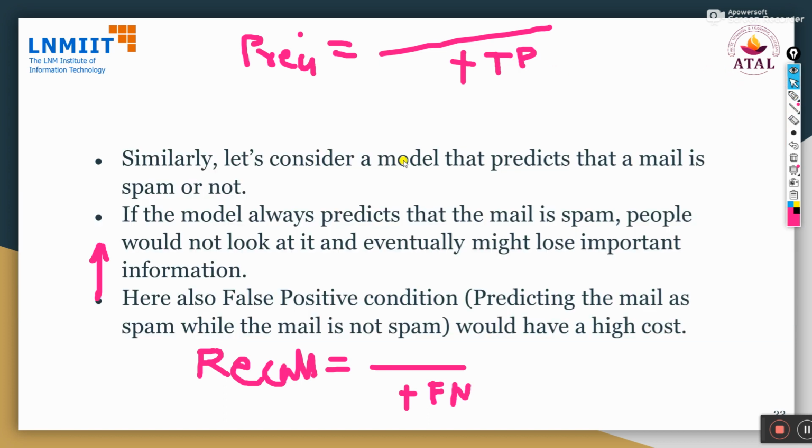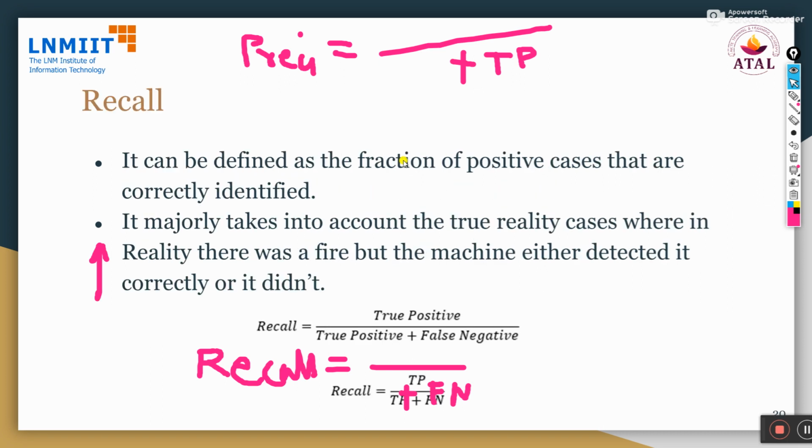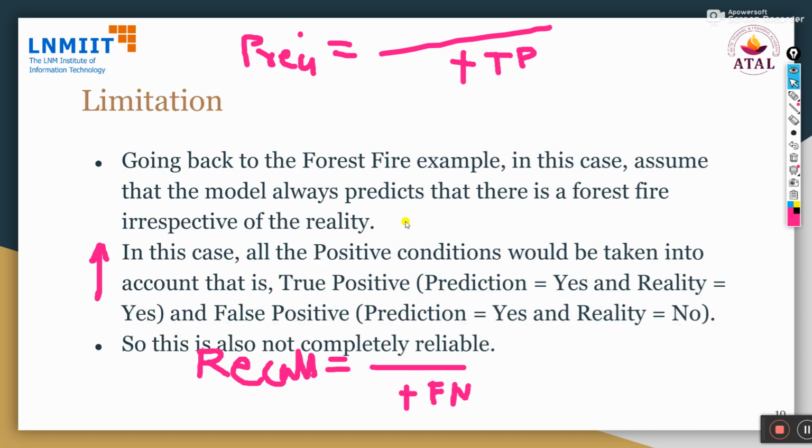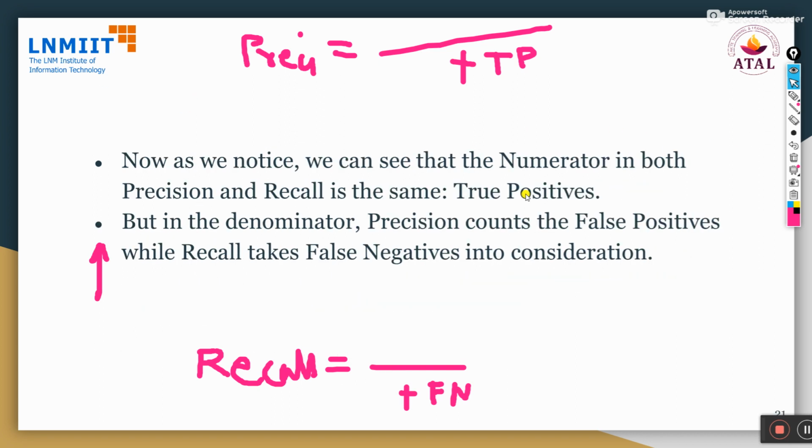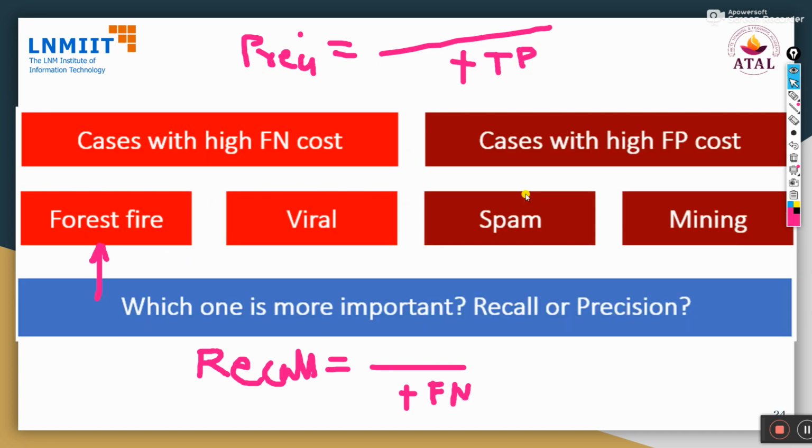Let me see it again. Yes, recall has false negative, true positive; precision has false positive and true positive.